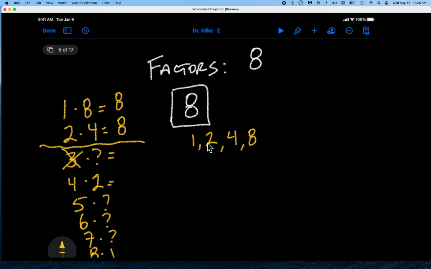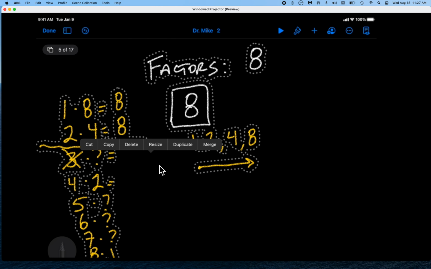And the protocol is not to repeat the factors. So once you have 2 times 4 here and you list 2 and 4 as a factor, there's no need to repeat it with the 4 times 2 or the 8 times 1. So that's it. Those are the factors. It's typical that we place them in ascending order, which means from smallest to largest. Okay, let's move on.